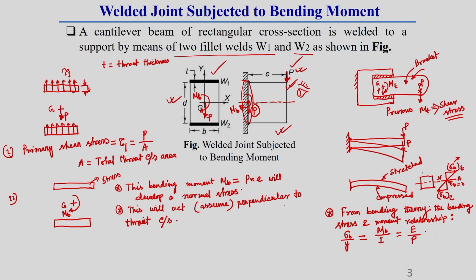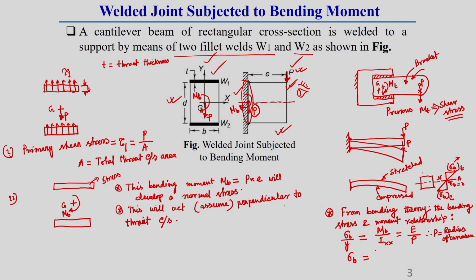Here if we consider this is y axis and this is x axis, I will be I xx, and E is called Young modulus and rho is called radius of curvature. So, from this relationship we know sigma b, due to this bending moment whatever the normal stress is developed, that is called bending stress.